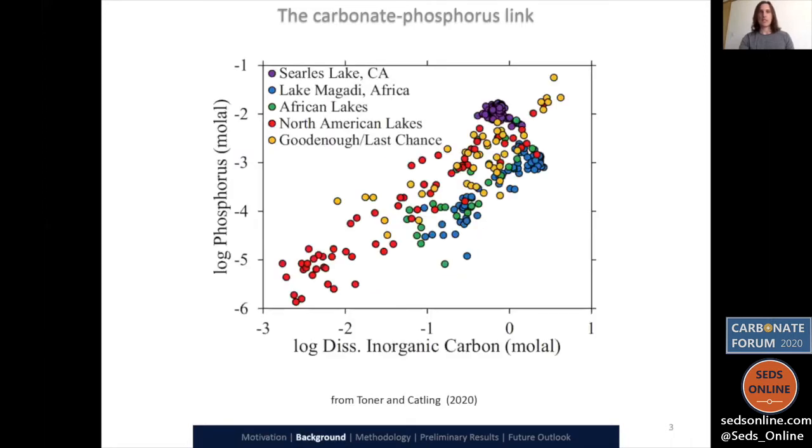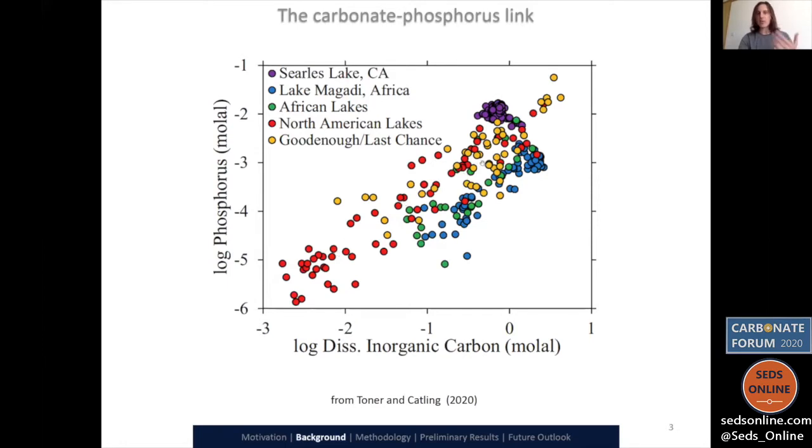Investigating modern alkaline lakes and experiments simulating these conditions, Toner and Catling just recently observed that phosphate accumulates up to several millimoles under high carbonate alkalinity, which you can see here: phosphorus in log scale on the y-axis and dissolved inorganic carbon, representing also a good estimate of alkalinity, on the x-axis. And you can see here the punch line as well.